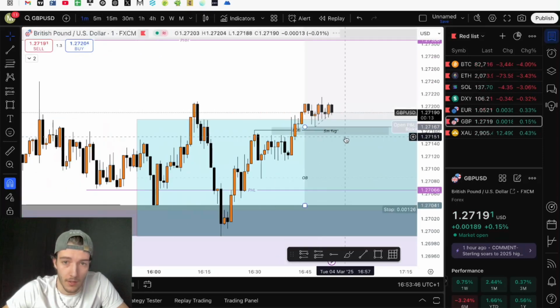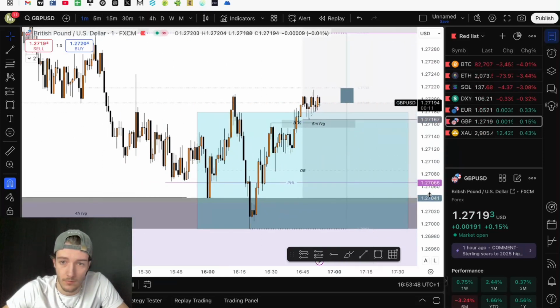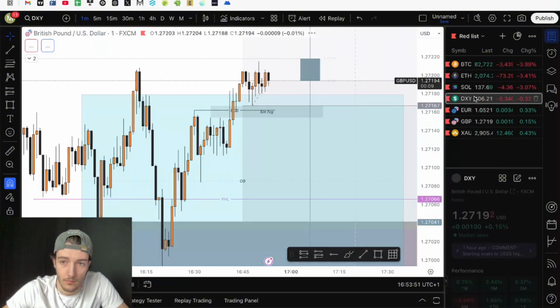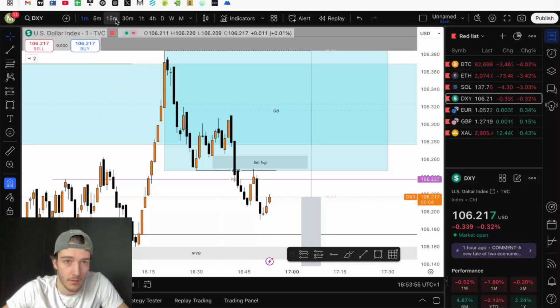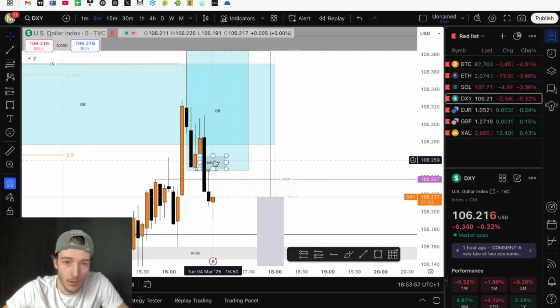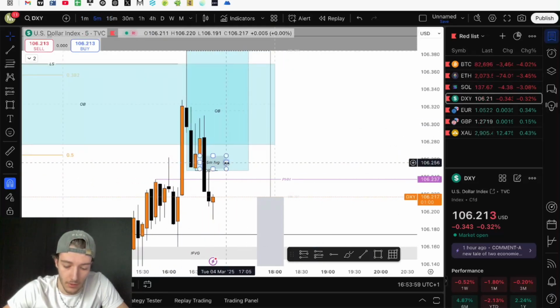Hopefully it's gonna come down to this level here. Push up, please. The dollar should also come up into this 5-minute bearish. So our buy limit gonna get hit on GU.